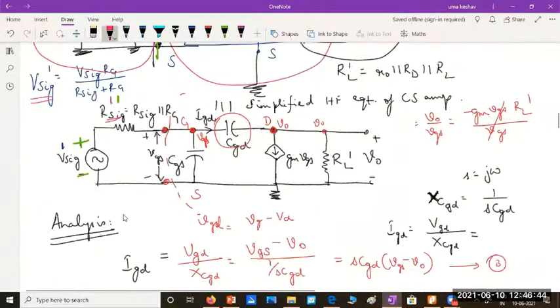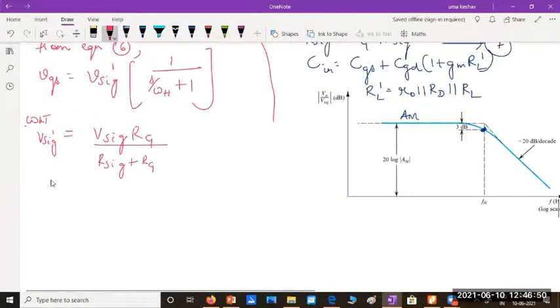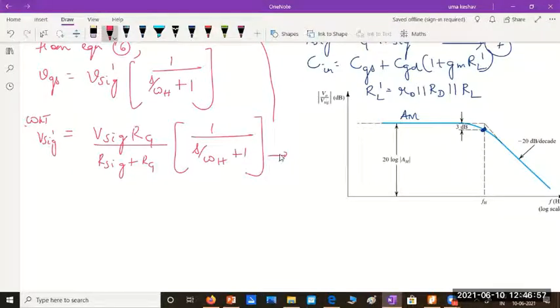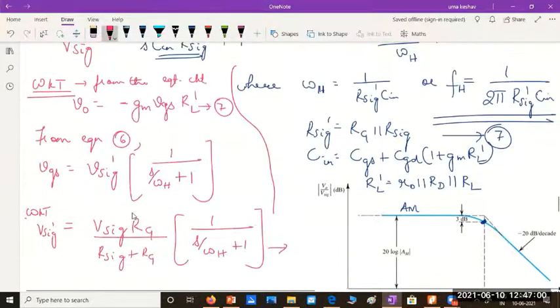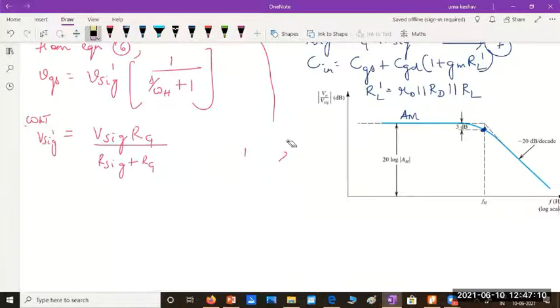Please remember this. So V sig dash will be given with this into 1 by S by omega H plus 1. Can I substitute this? What was V sig dash we were writing? So V sig dash was given with this equation, right? This is V sig dash. Therefore, what is VGS?